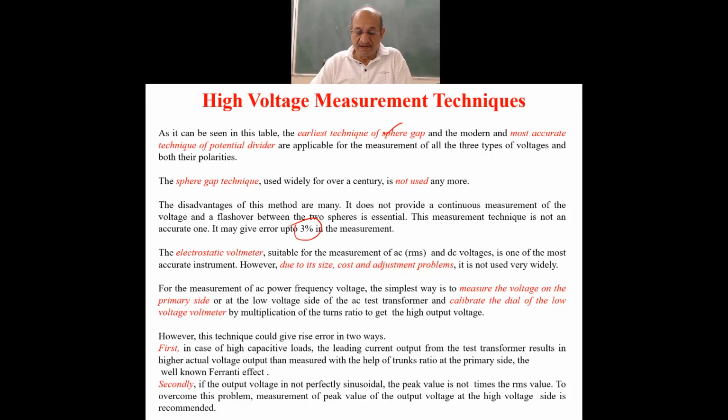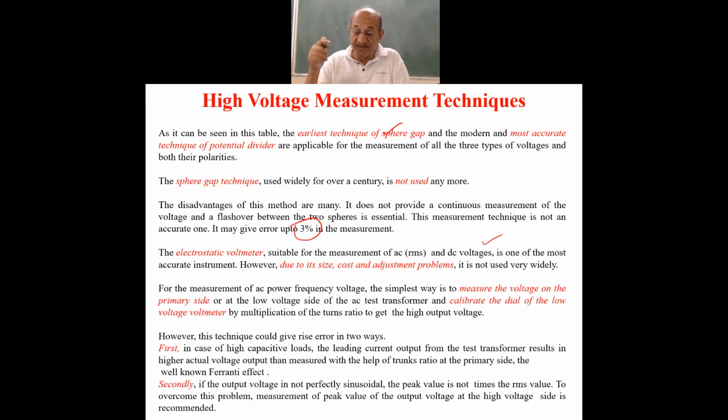Electrostatic voltmeters, suitable for AC power frequency and DC, as I mentioned, are one of the most accurate measurements, giving you the peak value, or you can convert it into RMS. We'll see that. However, due to its size, cost, and adjustment problems, it is also not used very much.